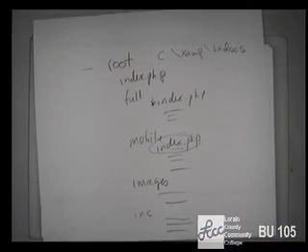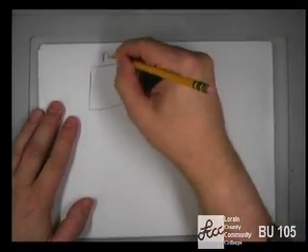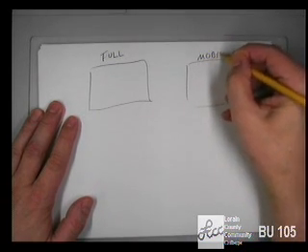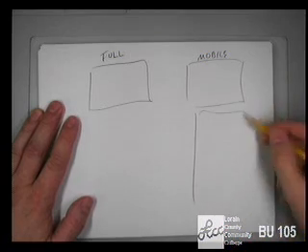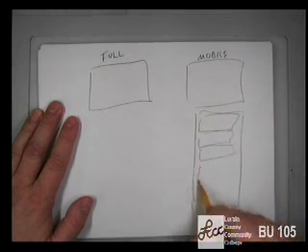Now, keep in mind the situation we have. We have a full version of this, and we have a mobile version. The mobile version, we want to look the same no matter who is accessing it.